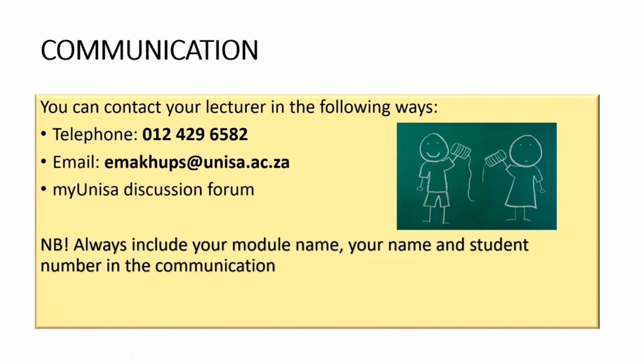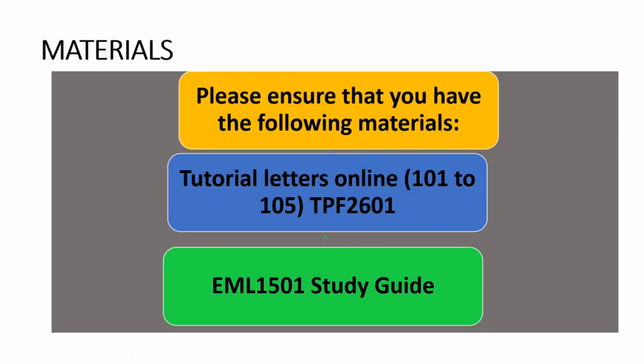Also remember, whenever you send an email to your lecturer, make sure that your module name, your name, and student number appear in the communication, so that I can know whose query I'm supposed to address.